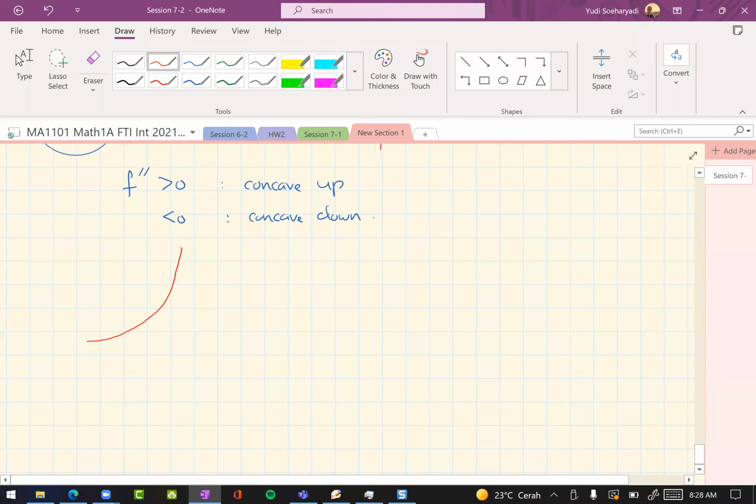So let's say f is increasing, and with the shape, okay, let's find the tangent lines. So these are tangent lines.